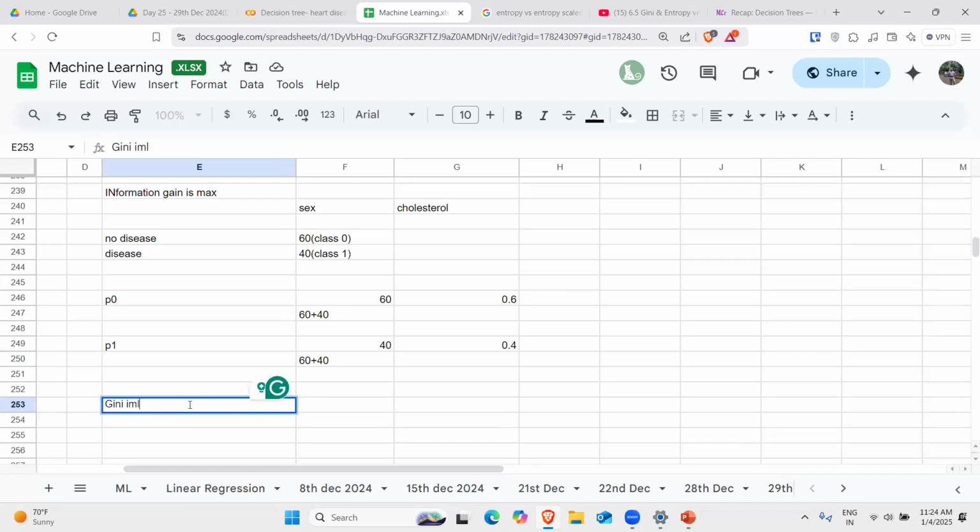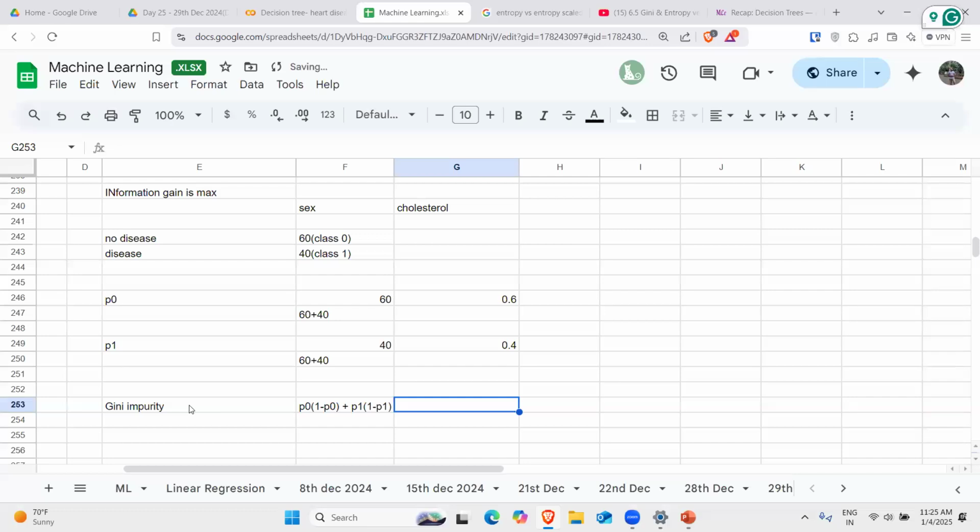Now you calculate the Gini index for the data before making any splits, using the Gini impurity formula which we have seen. Don't worry about the calculation. It is 0.6 into 1 minus 0.6 plus 0.4 into 1 minus 0.4, which is 0.48.